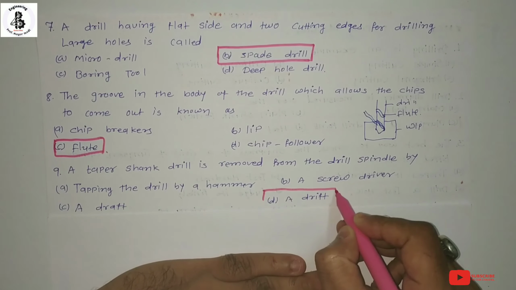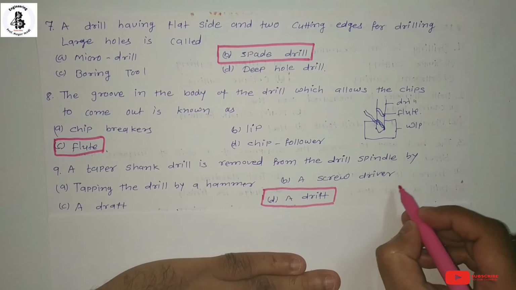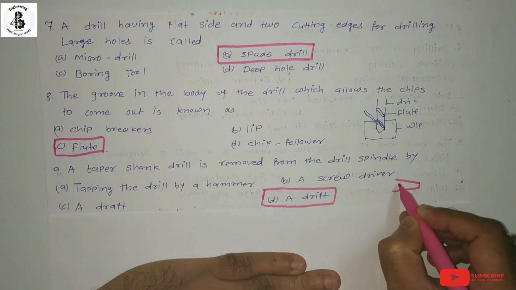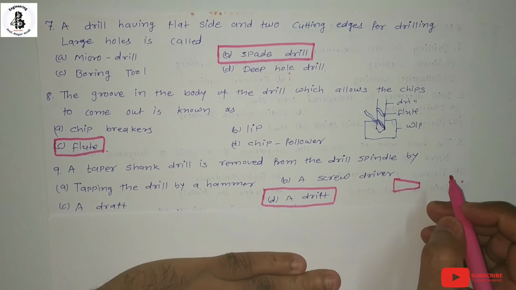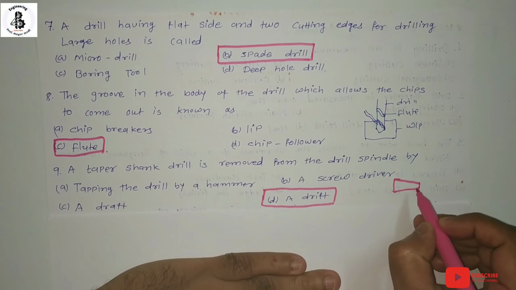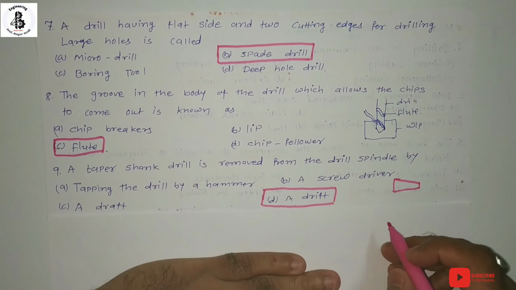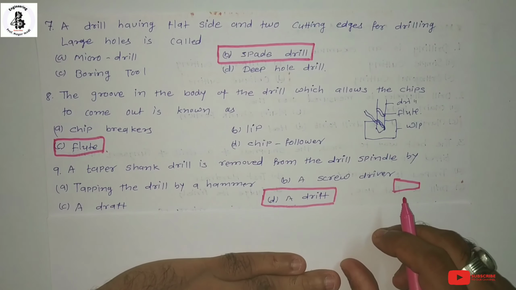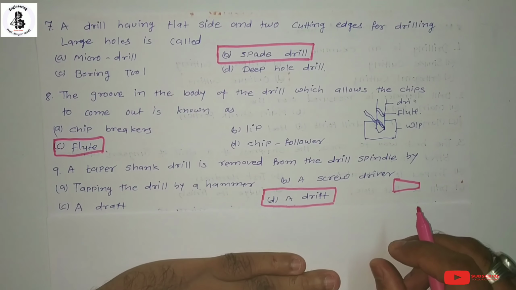So option D. Such a drift is inserted at the end of that particular spindle, and that is used to remove the taper shank. For more details, you will find a link in my description. Then next question.